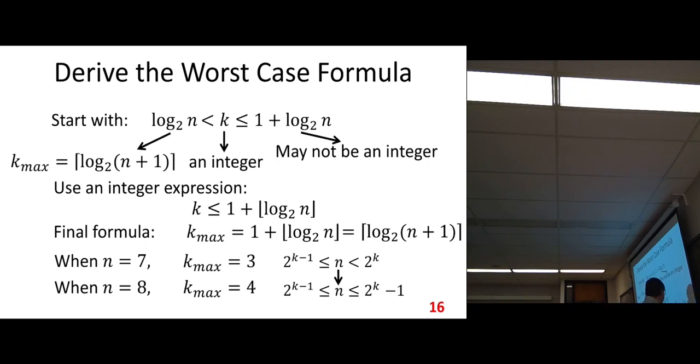Because we know n is in that range, this side is strictly less than. If we reduce it by 1, we can make it equal, right? Because this is strictly less than. That contains equal. This side, no equal.